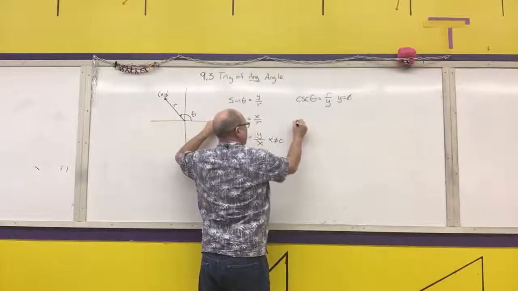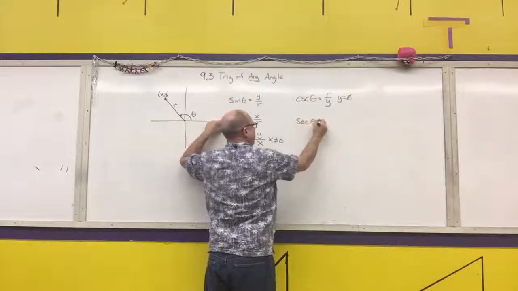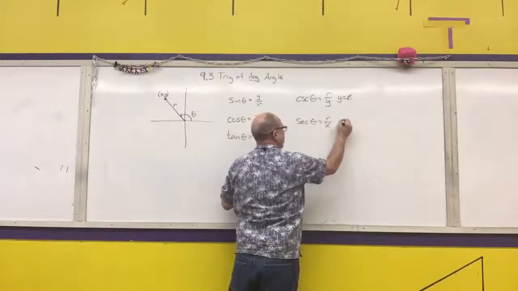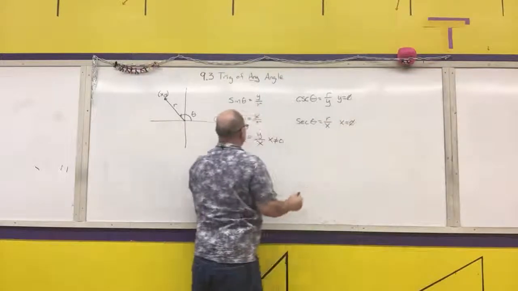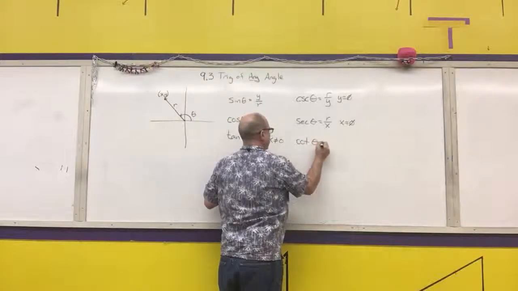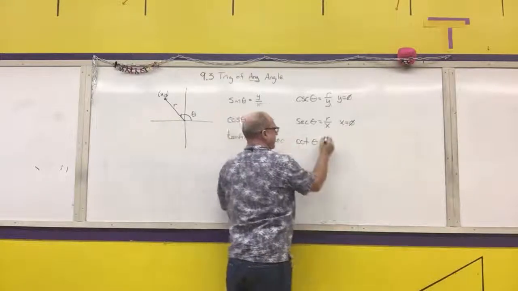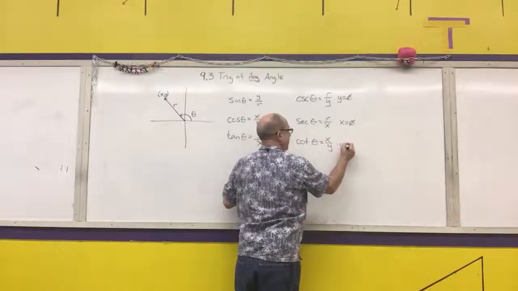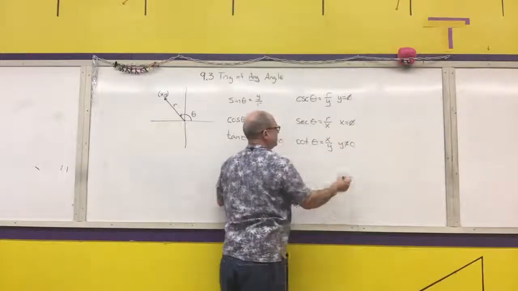The secant of the angle is r over x, where x is not equal to 0. And the cotangent of theta is equal to x over y, where y is not equal to 0.